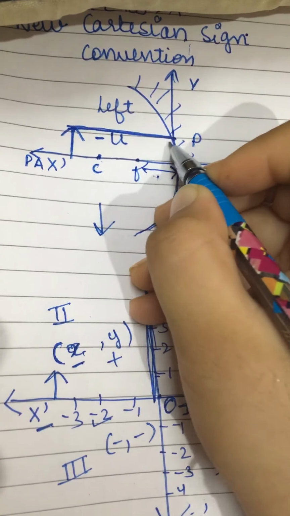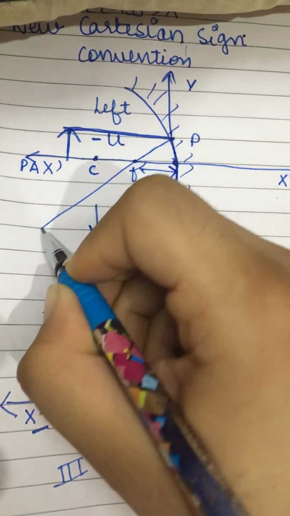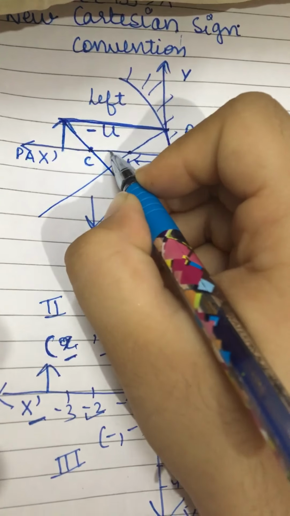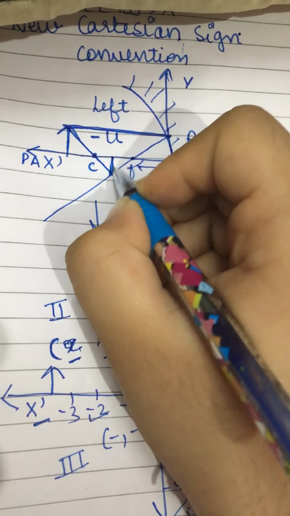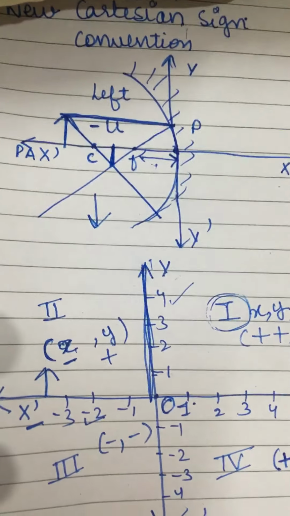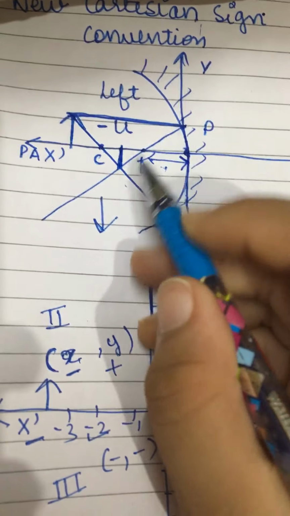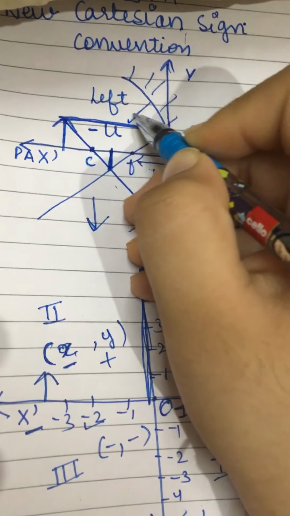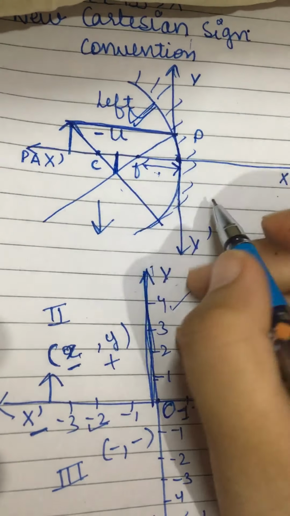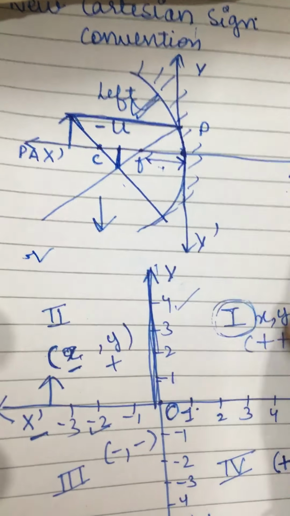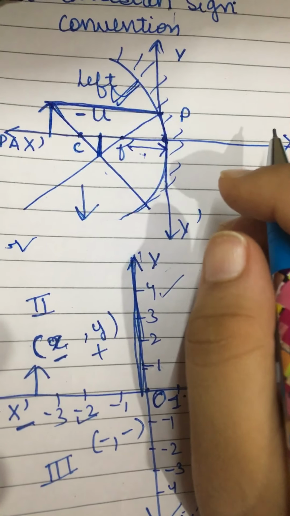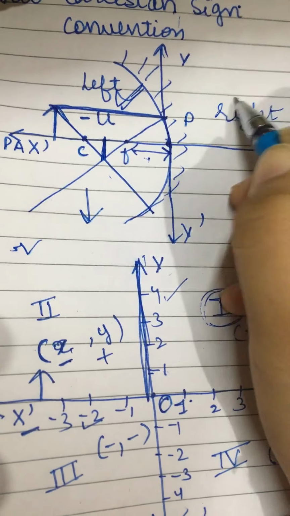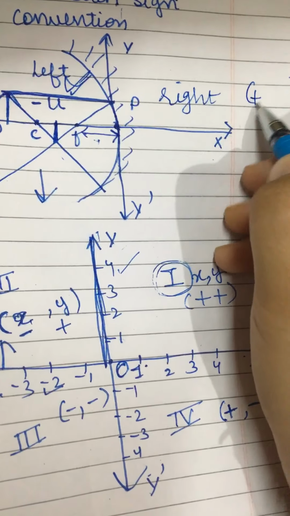So first the light ray falls from this, and then the image is formed here. The image formed in this condition is on the left side, so the image distance will also be negative. In the case where the image is formed on the right side, then the image distance will be positive.